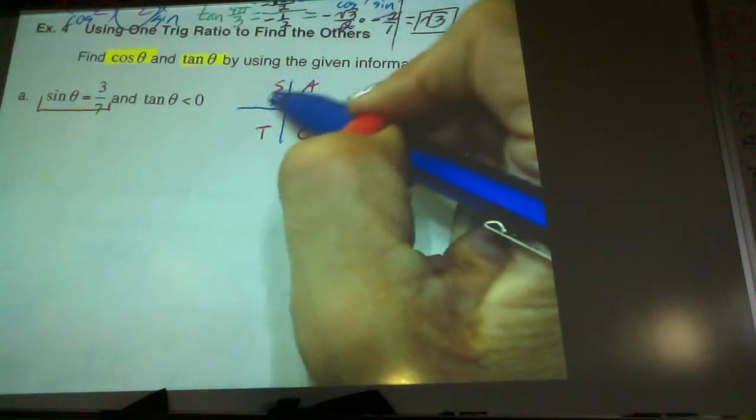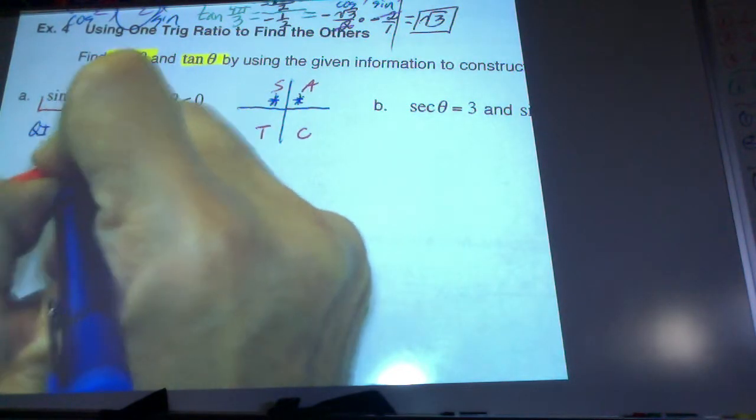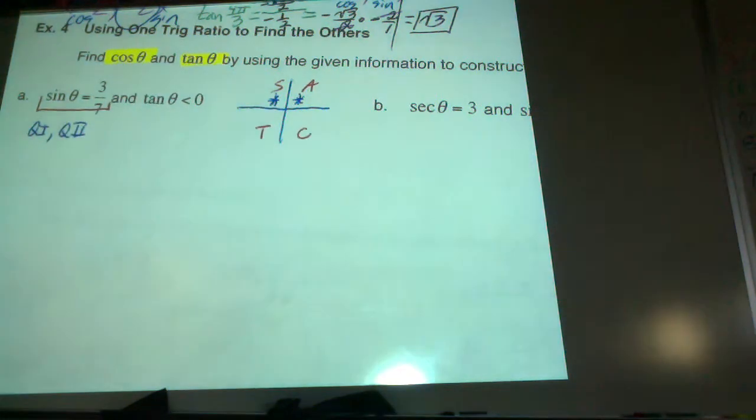Here means just the sine is positive, the rest are negative. So in quadrants 1 and 2 is where sine is positive. So if that's how they ask the question, I'd have to give 2 answers for theta. Well, we're actually trying to find the ratios, not theta. But I'd give 2 ratios. There's 2 places where that answer would be.